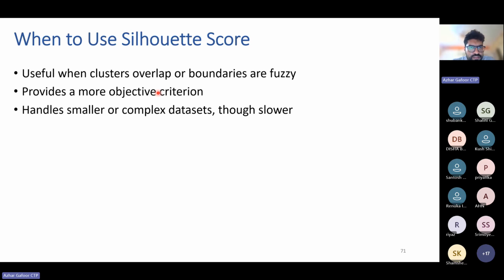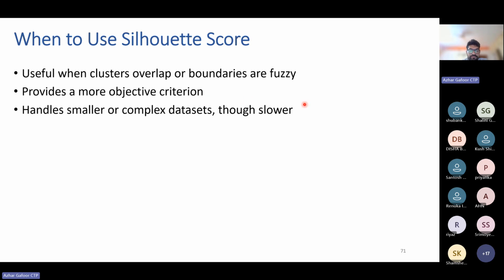And the silhouette score is useful when clusters overlap or we have very complex geometries or complex decision boundaries. It's also a more objective criterion.